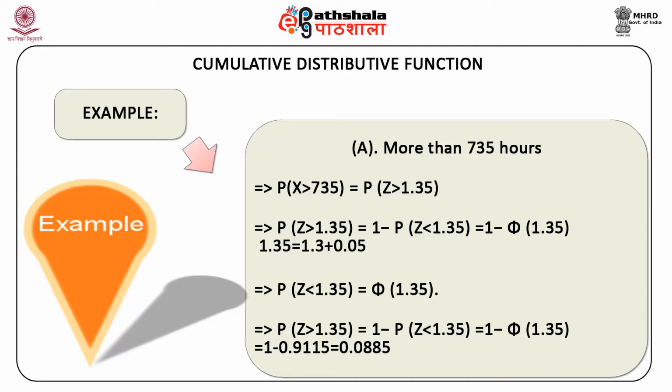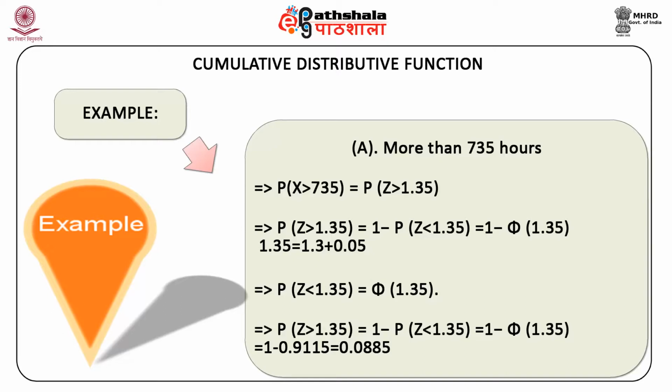Solution. To find these probabilities, first we need to convert x into the z variable. When x is equal to 735, z is equal to 735 minus 600 divided by 100, which is 1.35. More than 735 hours, that is the probability that x is greater than 735 is equal to the probability that z is greater than 1.35.